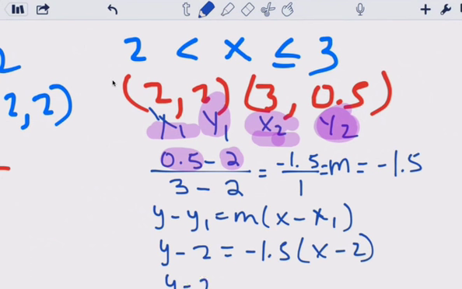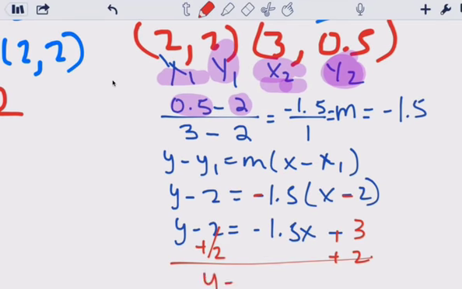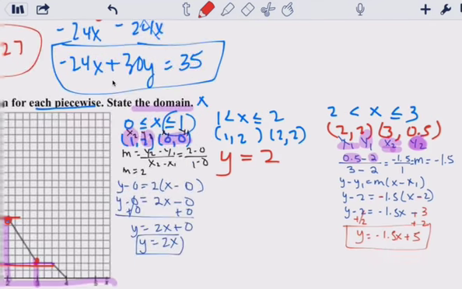Y minus 2 equals negative 1.5x plus 3, because a negative and a negative is a positive. Positive 3. So add 2, y equals negative 1.5x plus 5. Alrighty.